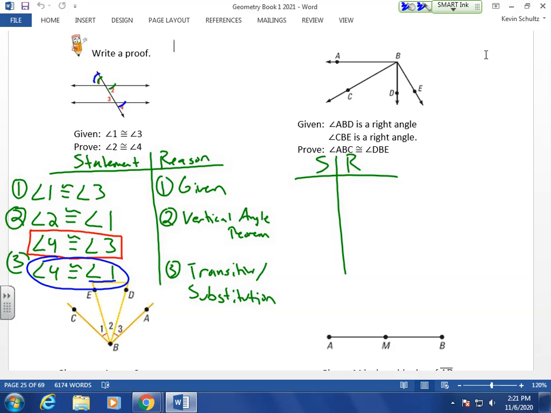Well, if 4 is congruent to 1, and we already said that 1's congruent to 2, that means that 2 is congruent to 4. Right?